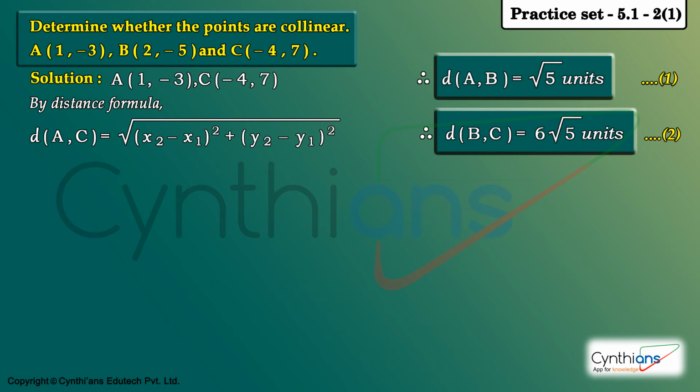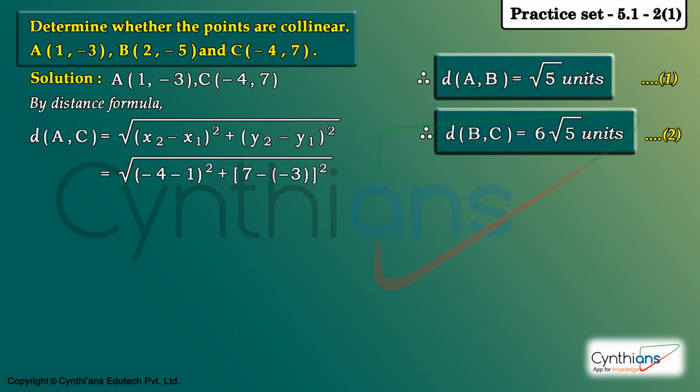Next step, let's substitute the values, equal to square root of, how much is x2? Minus 4. Minus, how much is x1? 1. So minus 4 minus 1 the whole square plus how much is y2? 7. Minus how much is y1? Minus 3. So 7 minus into minus 3 the whole square.